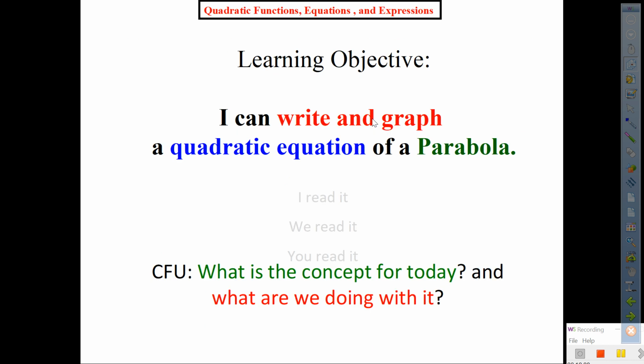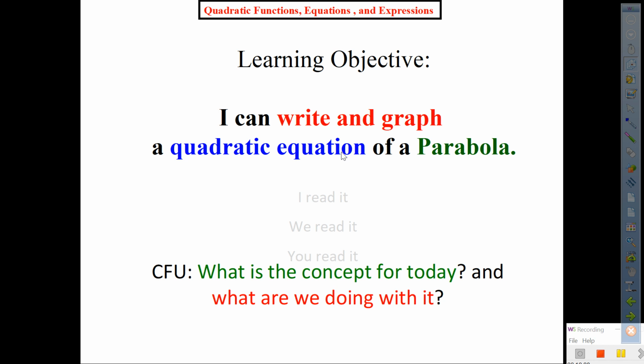All right, get a Cornell note, and the last person on each row will get a graph paper for your row. Here we go, our objective for today.